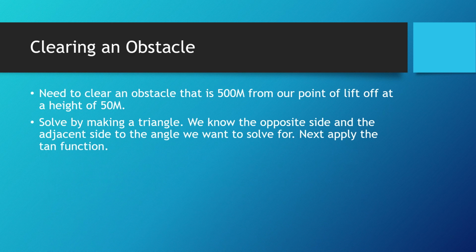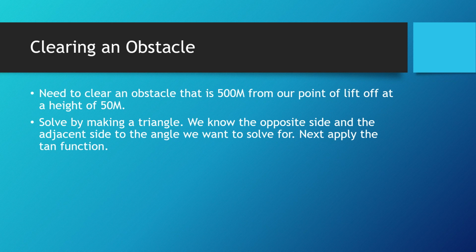We know the opposite side of our triangle, the obstacle's height, which is 50 meters, and we also know the adjacent side to the angle we're looking for, which is 500 meters.